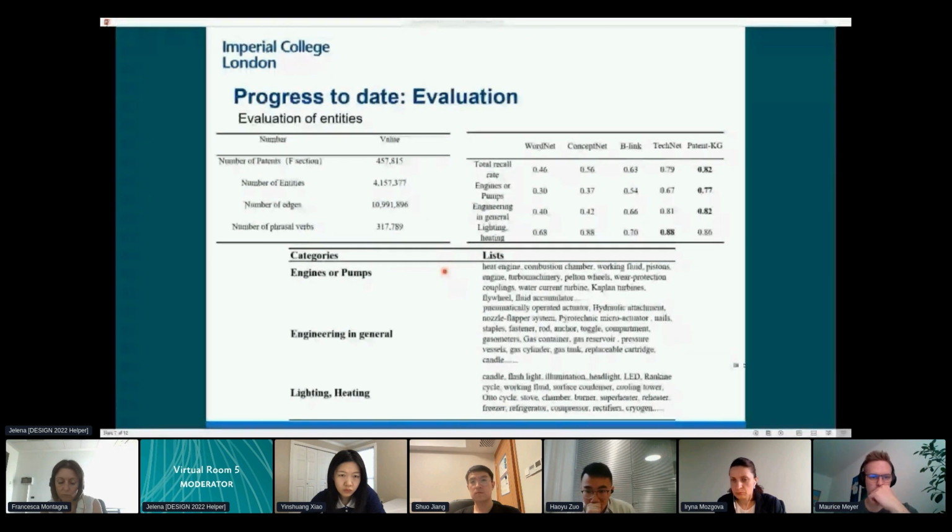We chose 3 subcategories belonging to mechanical engineering and totally 180 corresponding terms. Our pattern knowledge graph is compared with 4 other methods, including WordNet, ConceptNet, B-Link, and TechNet. The results are listed in this table. You can see the pattern KG reaches the highest recall rate here and is doing well in all subcategories.